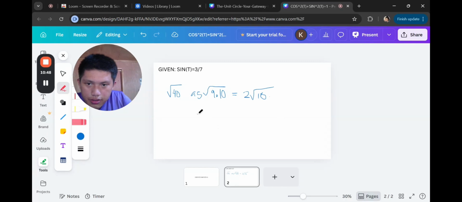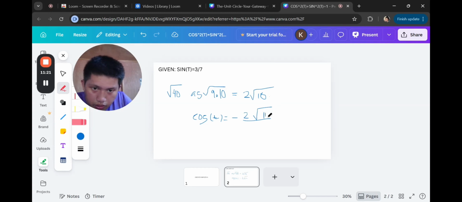So the final answer is that the cost is equals to negative 2 square root of 10 over 7.